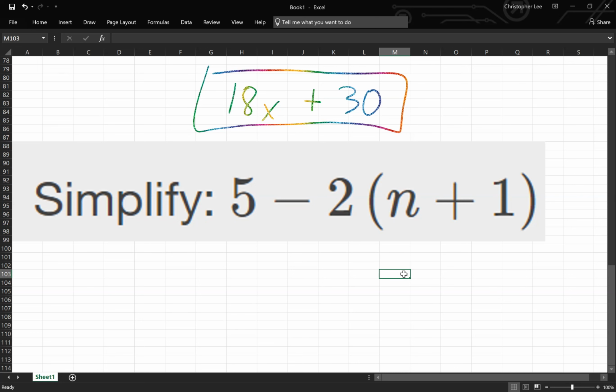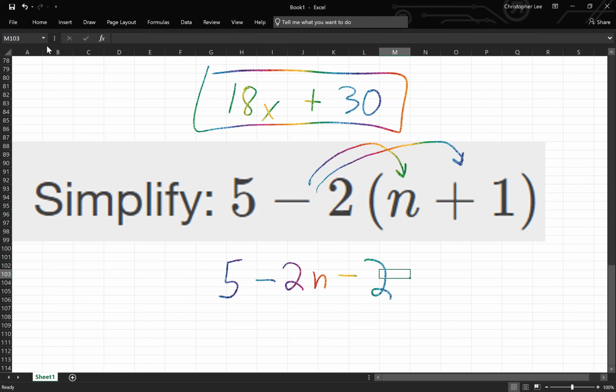All right. Let's take a look, right? First thing I want to do, remember PEMDAS, right? Parentheses, exponents, multiplication, division. So here's my multiplication. I'm gonna distribute that -2 over there. So now I have 5 minus 2n minus 2.